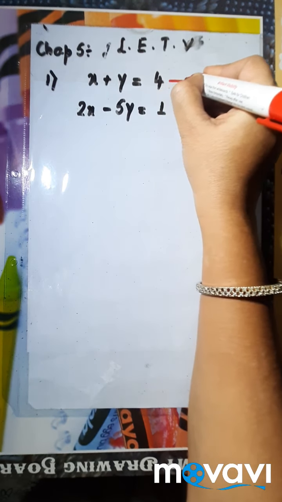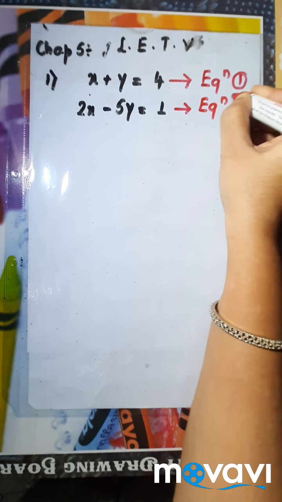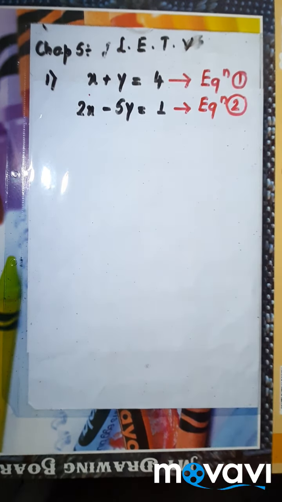The equation should be of the type x plus y equal to constant. If it is not of this type, you write it in this type. When it is in this form, you call this equation 1. Similarly here 2x minus 5y, x and y equal to constant, you call this equation 2. Correct? This is my first step, to label the 2 equations, right?